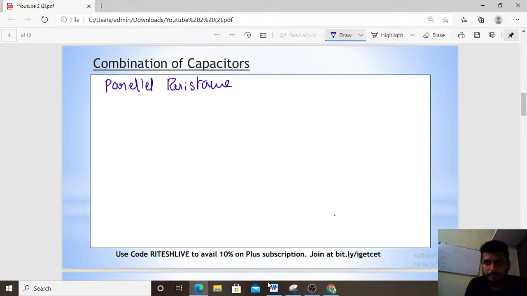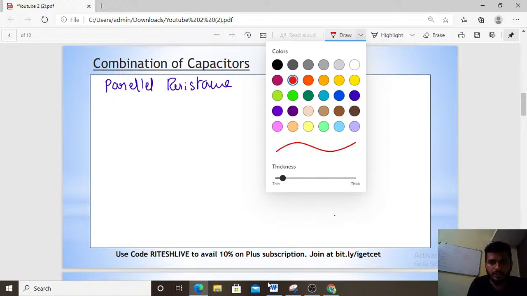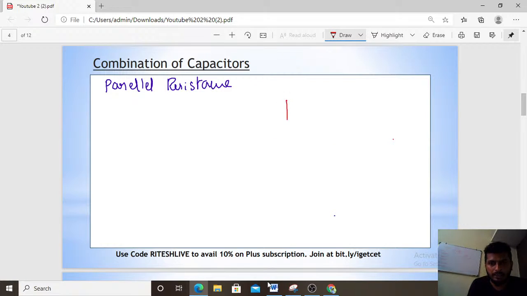Keep an eye, it is very simple to solve. When they are in parallel, I have to draw the figure with resistance 1, resistance 2 and resistance 3, and then it is connected to a battery.